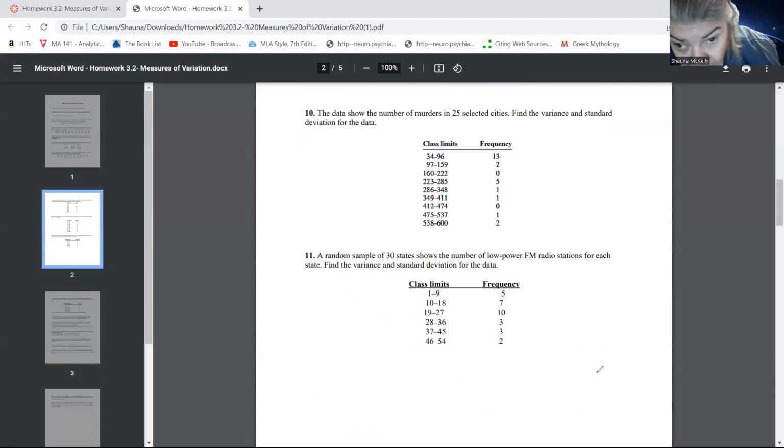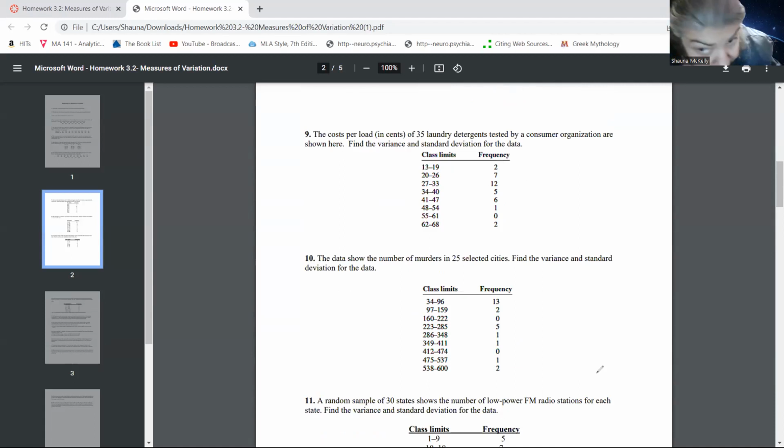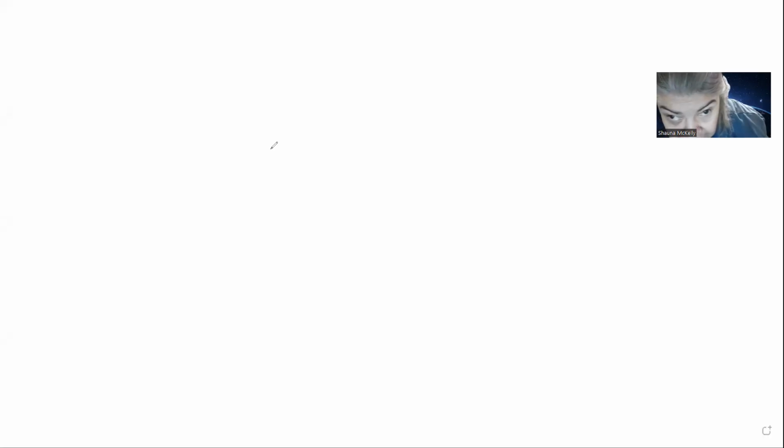So the way you get midpoints, let me share the whiteboard and put this up on the screen. So this is going to be number 9. So here's my selection screen. So this is number 9 on section 3.2. All right. So we've got 2 columns of data.